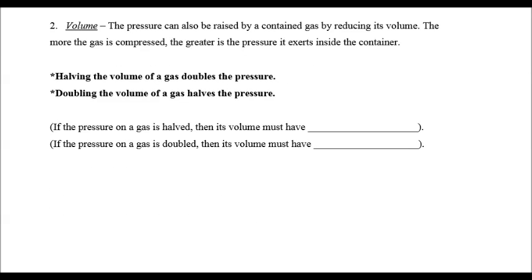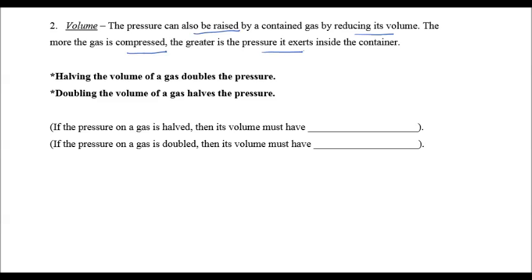The second factor which can affect the pressure on a gas is volume. The more we compress a gas, the greater its pressure will be. But we also have that same relationship. If you take half the volume, this time though, you will double the pressure. So it's an inverse relationship.